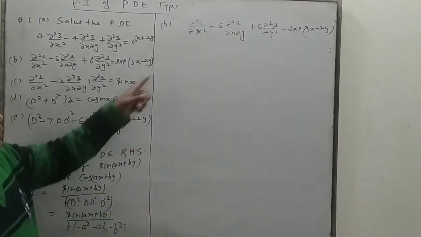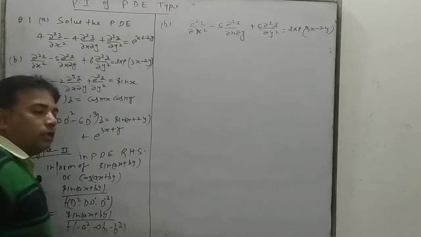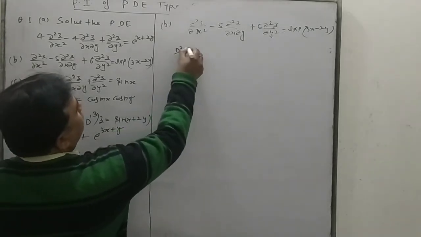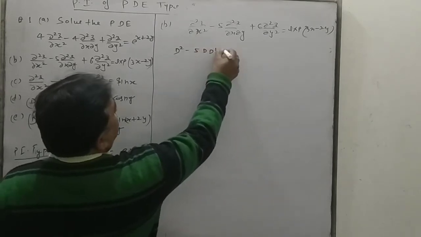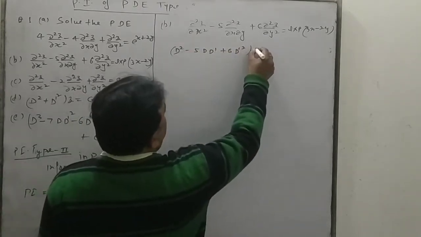Same procedure for this partial differential equation: we write it in the form of operators, then D square minus 5D D dash plus 6D dash square on z.